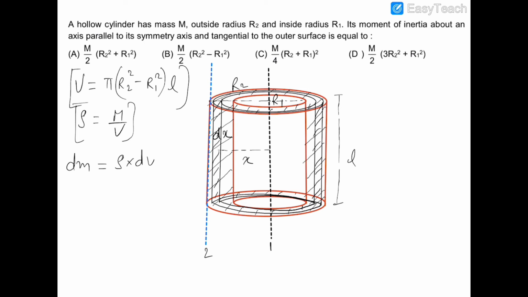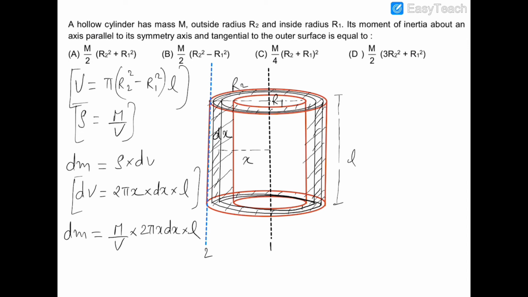Now the value of dv can be calculated by multiplying the length, width, and its periphery, that is 2 pi times radius. So the volume of this elemental cylinder will be 2 pi x into dx into L. So the mass of this elemental cylinder dm will be equal to rho, which is m upon v, into 2 pi x dx into L, and v is given as this one.